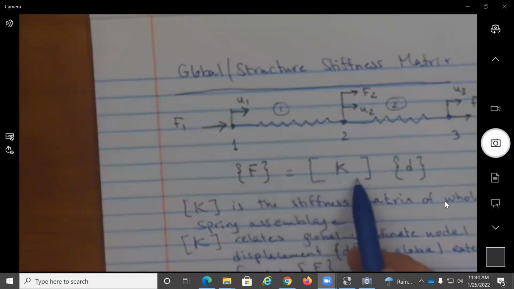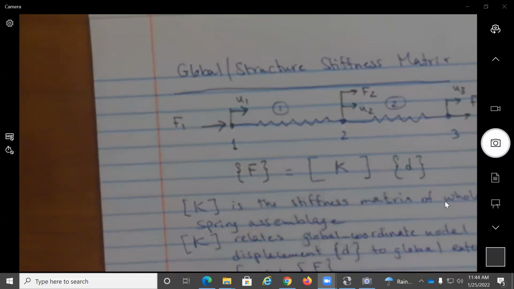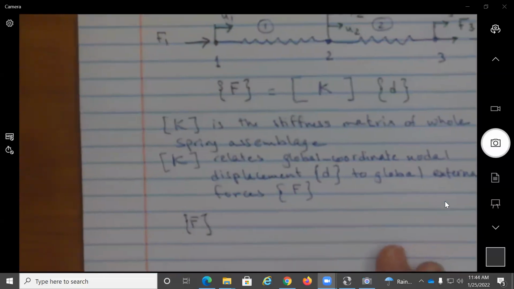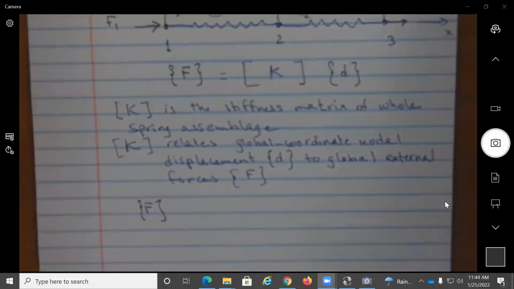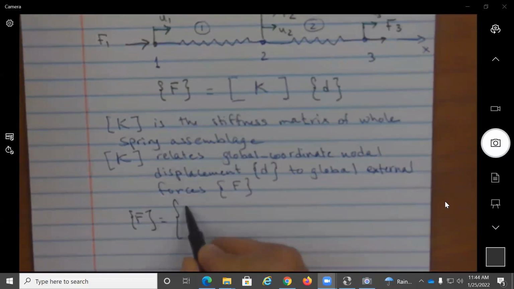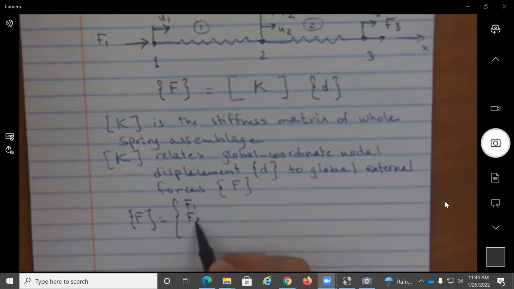F is equal to K times D, where in this case, F would be equal to F1, F2, and F3.